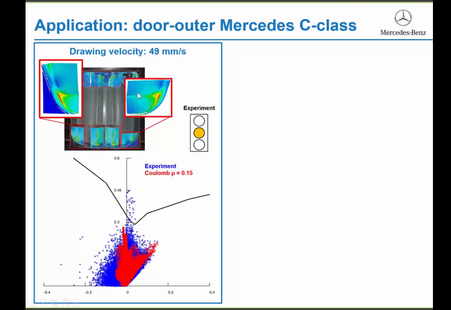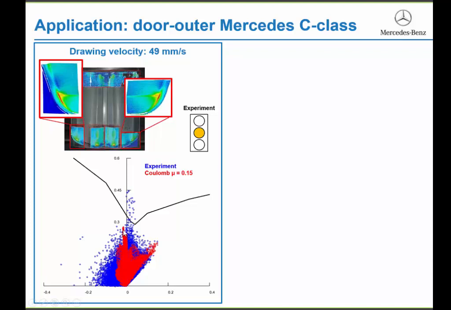From this measurement, an FLD has been made. So we see here the forming limit diagram. The blue dots represent the strain measurements, so these are the experimentally measured strains. This was also simulated using Autoform and a Coulomb friction coefficient of 0.15, which resulted in a strain distribution depicted by the red dots.